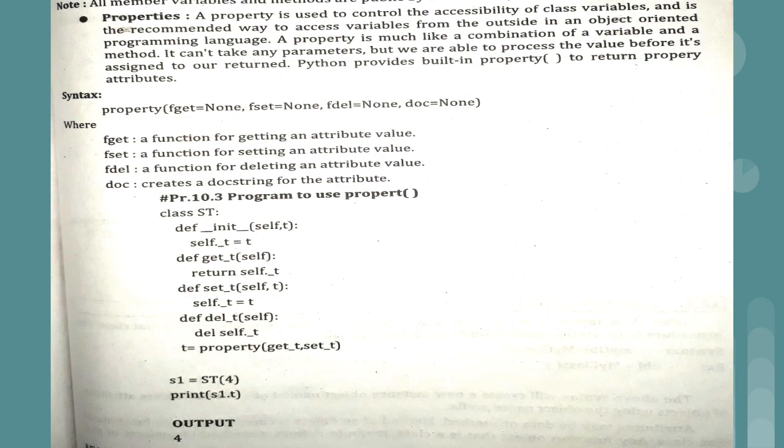Class st colon we have written. After that, the next line is new for you: we have the def keyword, then 2 underscores, init, again 2 underscores, in round brackets self comma t.